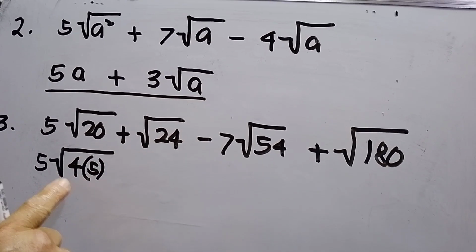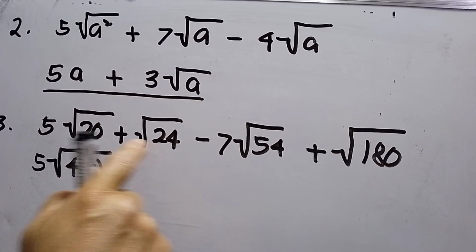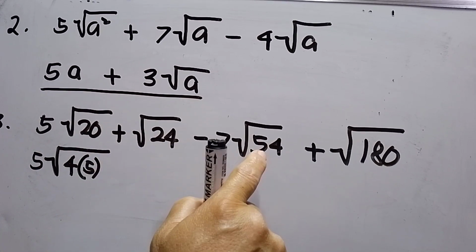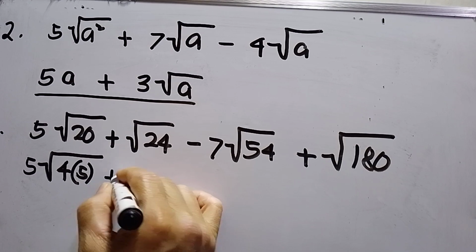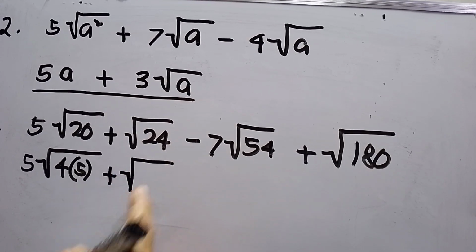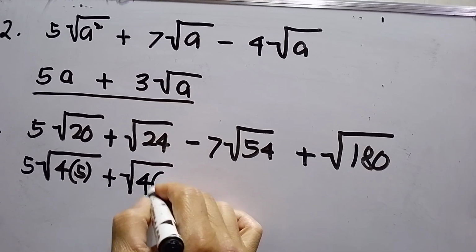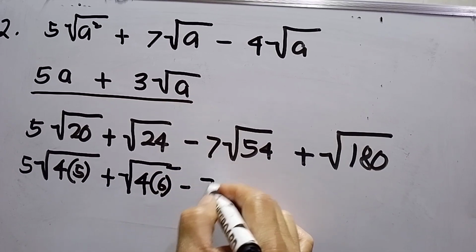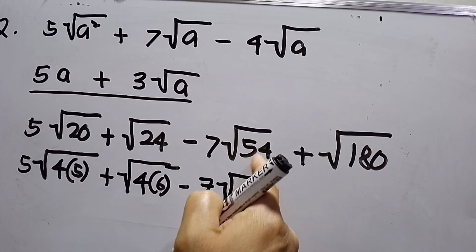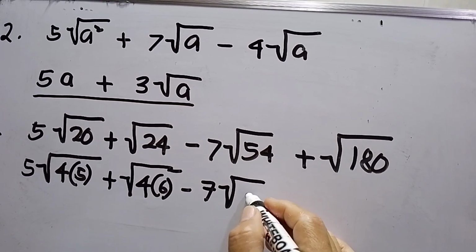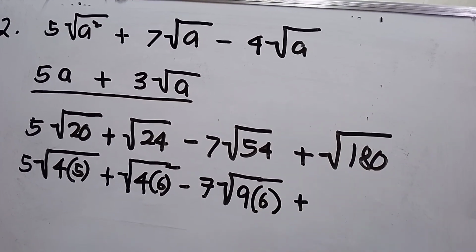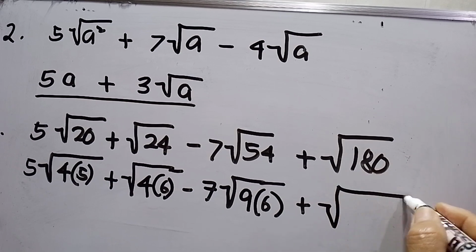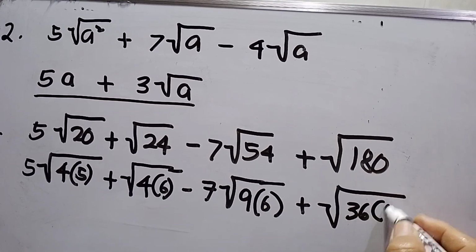Take note, there must be a perfect square in here for 20, 24, 54, and 180. So this will be square root of 4 times 6 minus 7 square root of 9 times 6. How about 180? 180 is 36 times 5.